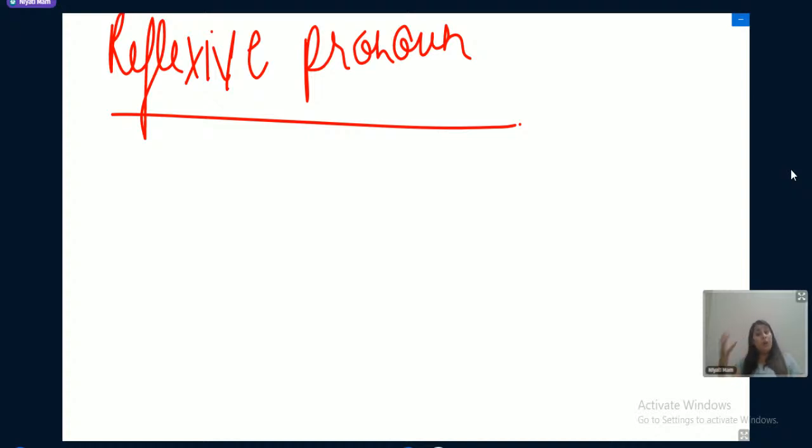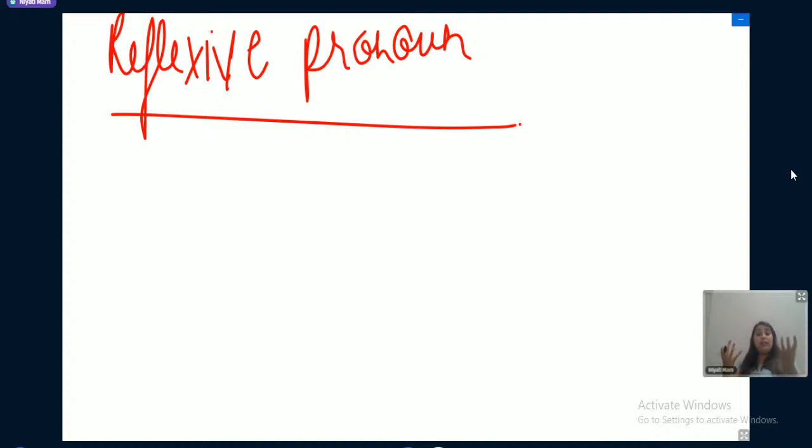Now, how is it possible that the subject and object are the same person? You have already learned in our previous sessions that the subject is the one who performs the action. The verb itself is an action, and the object is the one on whom the action is being performed.